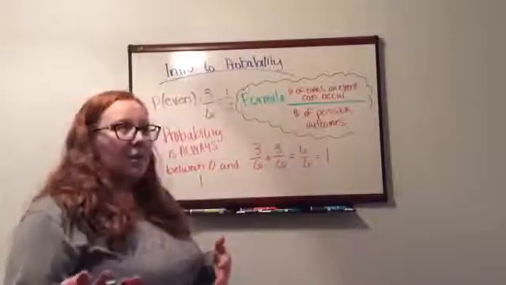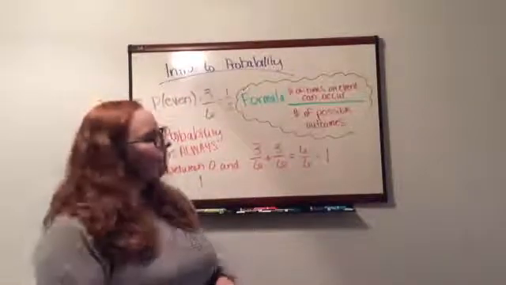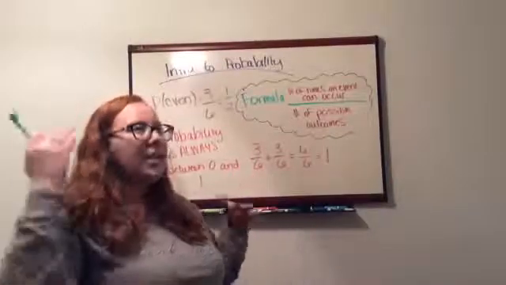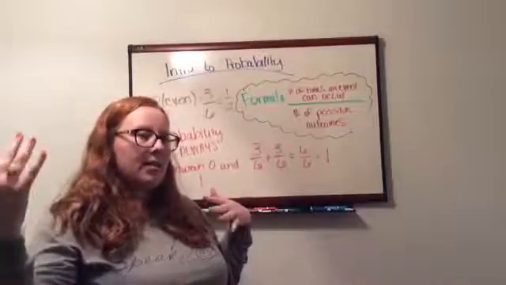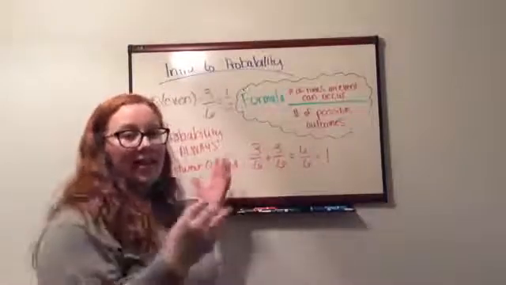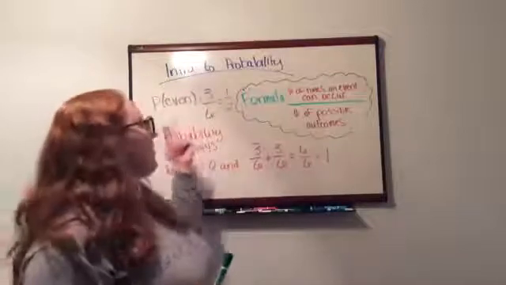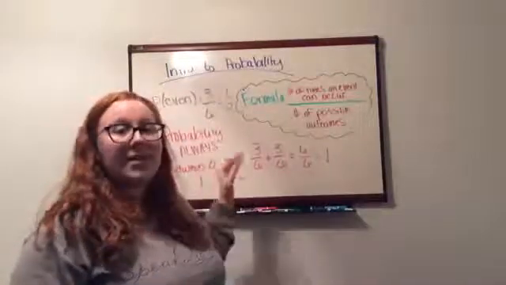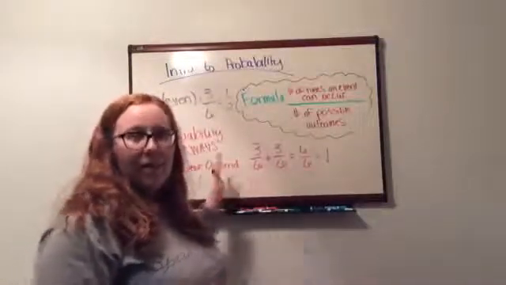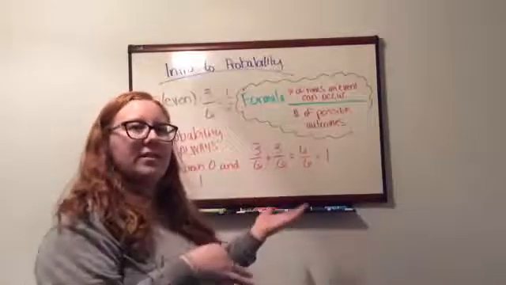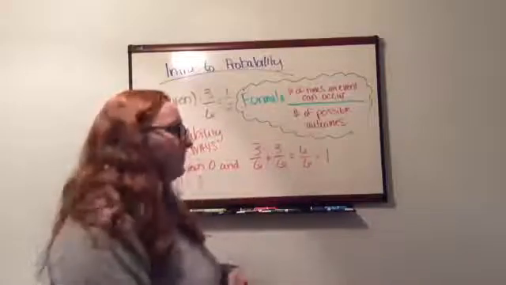So now, what is our next step? Well, if we're looking at this, I want you to get in the mindset that it's not always going to be equally likely. Evens are going to be 3/6, odds are going to be 3/6. That's how it is with dice. But what if we have something that's a little bit more mixed up? Maybe there's a higher chance of one thing happening over another.